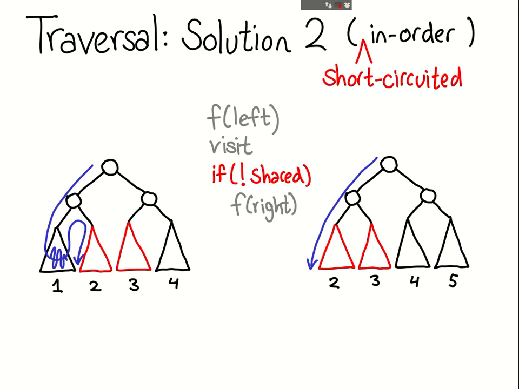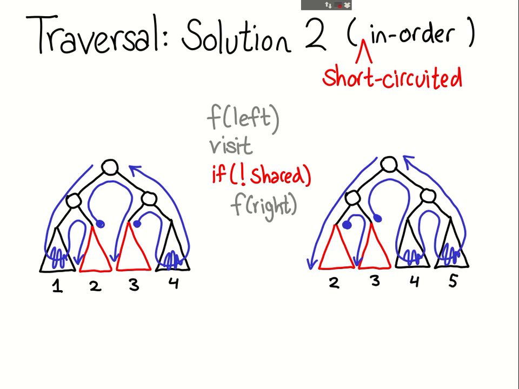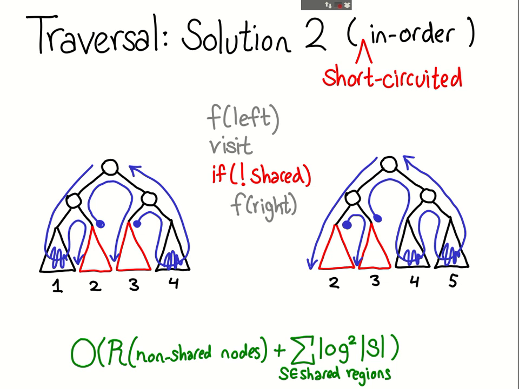We march up the shared subtree until we reach the last node which is shared, and we continue our traversal from there. This allows us to skip traversing the entire subtree. We only need to go down to the bottom left leaf in order to discover that we are in a shared subtree. Now, unfortunately, this algorithm gives us time log square in the size of a region.